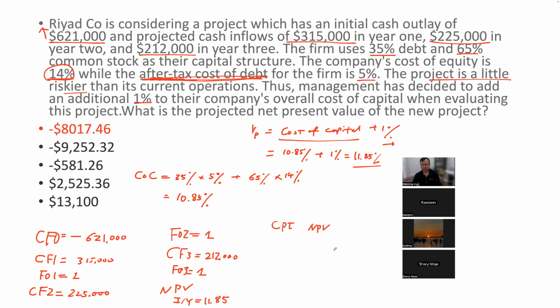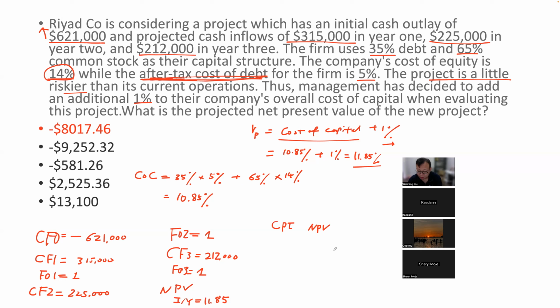Okay, let's take a look. CF0 is negative 621,000, enter. Next is 315,000, enter. F01 is 1, enter. 225,000, enter. F02 is 1. CF3 is 212,000, enter.